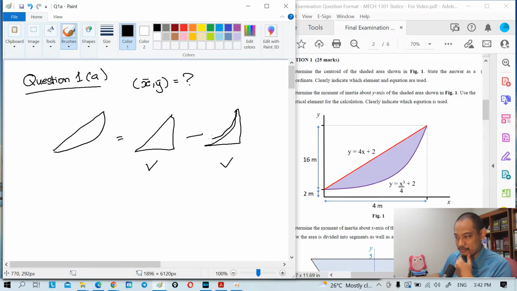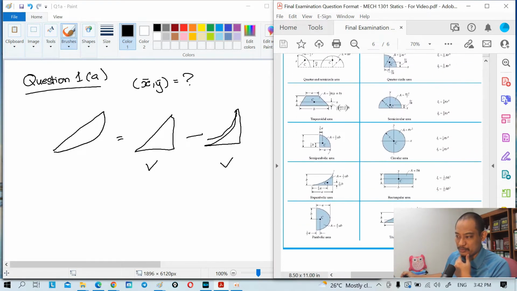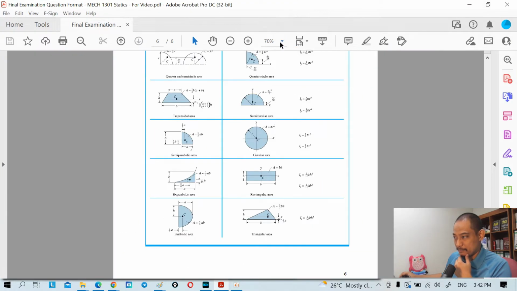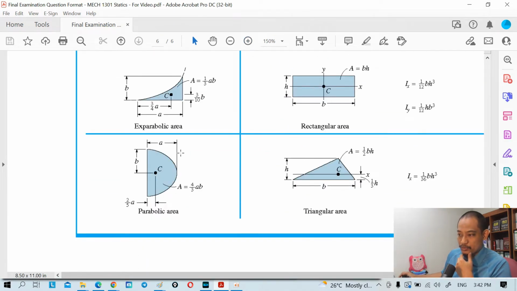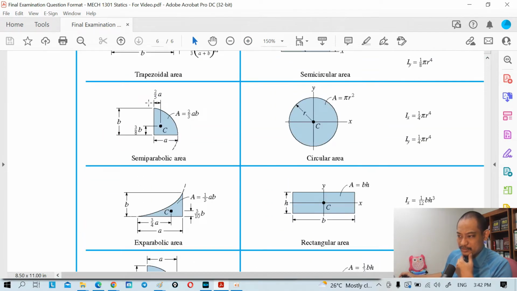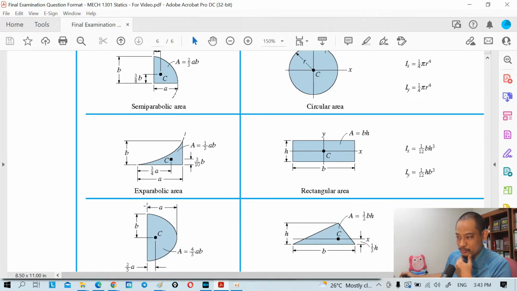What is this curve? Some students get something from the table, but if you look at the table, make sure you understand what it is. For example, here, all of these are 3 different curves: 1, 2, and 3, right?